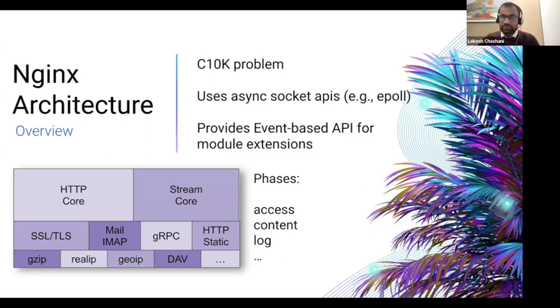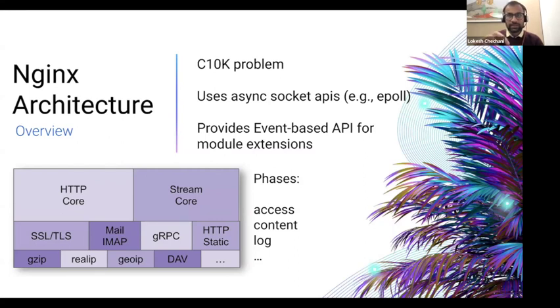When Nginx came into the picture, it handled that problem in a very smart way by introducing an async socket API, and on the request and response side, it provides an event-based model.